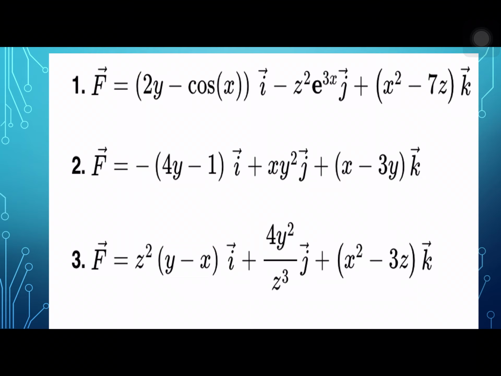The second example is f bar equal to minus of 4y minus 1 into i bar plus xy square into j bar plus x minus 3y into k bar. And the third example is f bar equal to z square into y minus x into i bar, 4y square by z cube into j bar plus x square minus 3z into k bar. So these are the 3 simple examples, my dear.